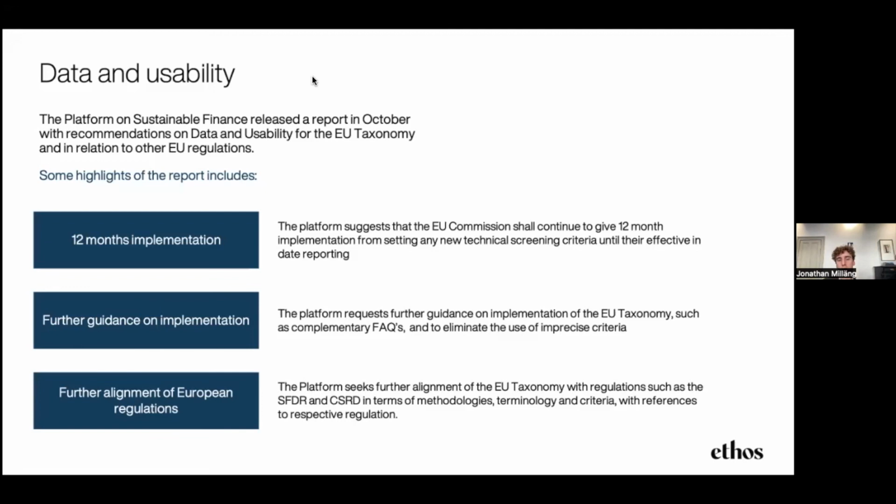So of course you don't have to report on those that are not published yet, and you don't even have to be that detailed in the template if you don't want to. And as we said, the platform has stated again that they are seeking implementation 12 months after they finalize the 4 last objectives. So you will have some time after they are published.